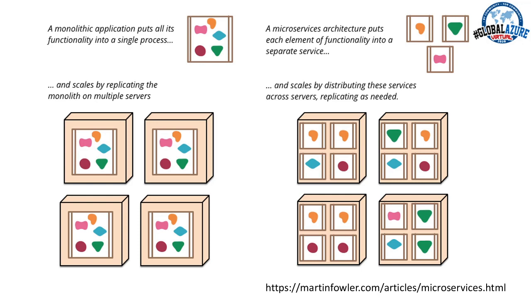But for microservices, scale is done by deploying each service independently with multiple instances across servers or virtual machines. I highly recommend seeing more details about microservices on this website of Martin Fowler.